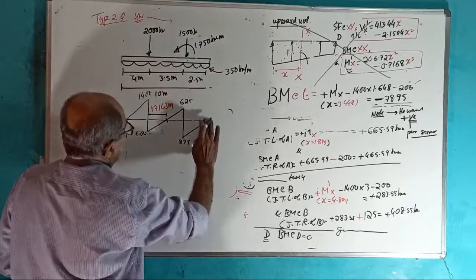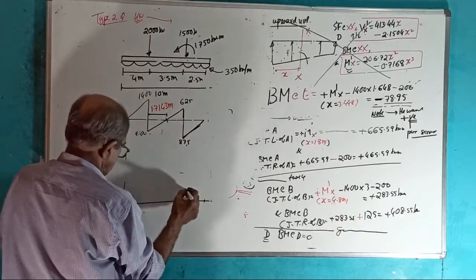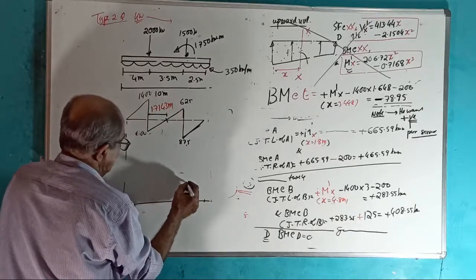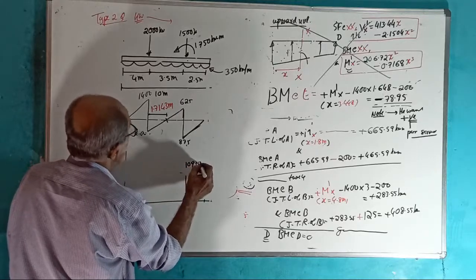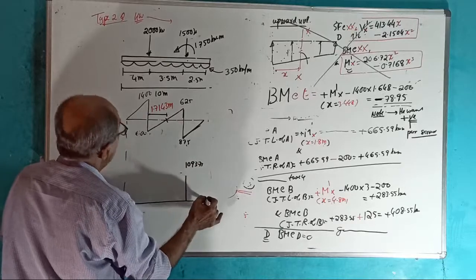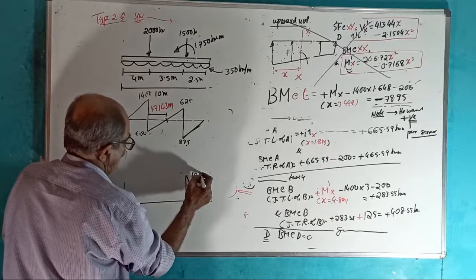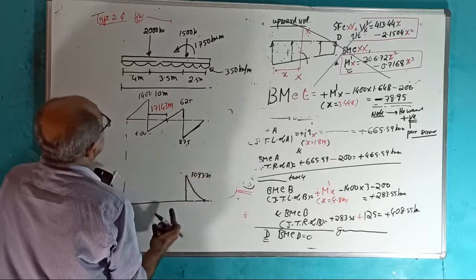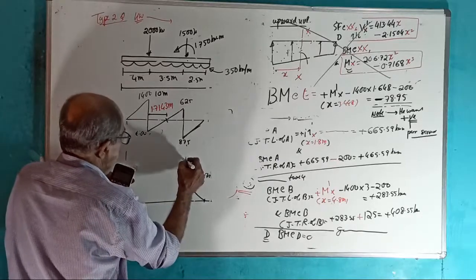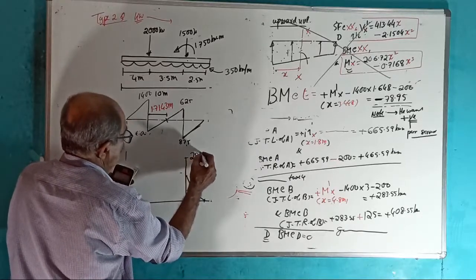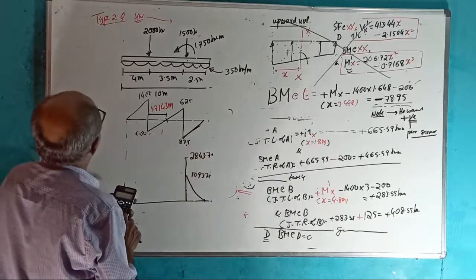Now here, 1093.75, then jump to plus 1750, 2843.75, sudden jump to 2843.75, and here the BM I told something.